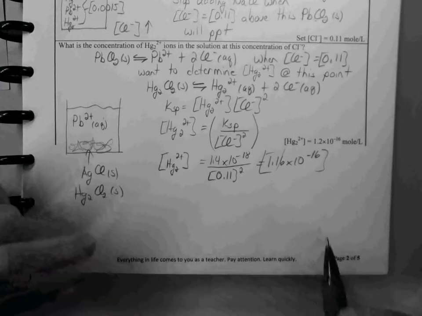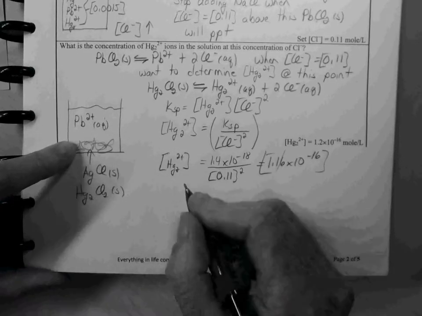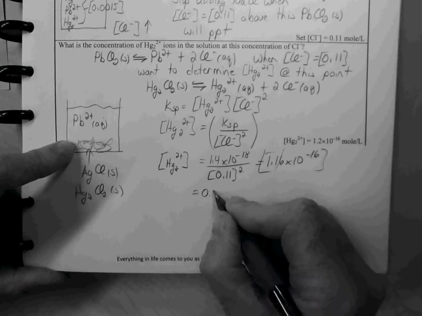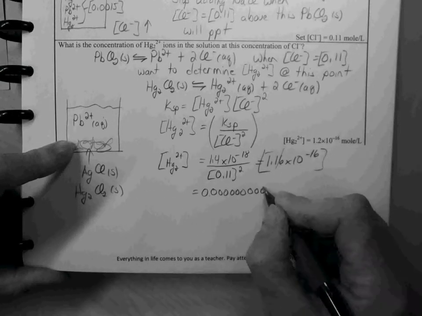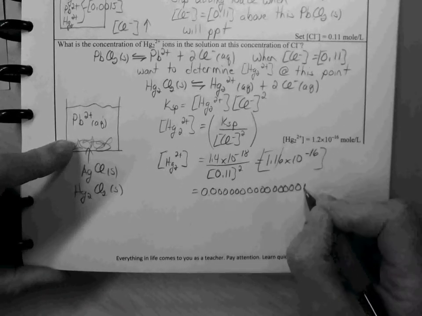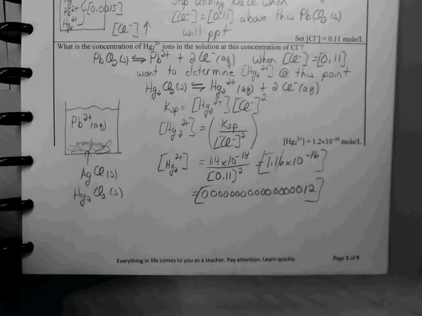Okay, now there is Hg2 2 plus ion concentration in this solution, however its concentration is pretty gosh darn small.